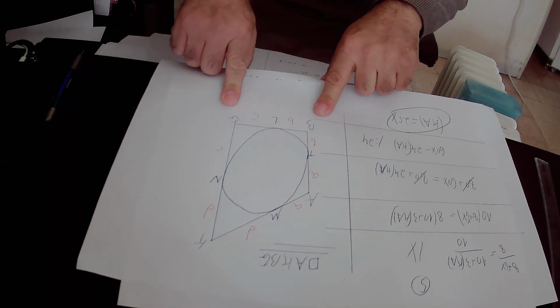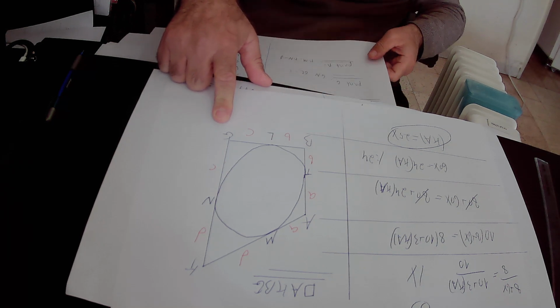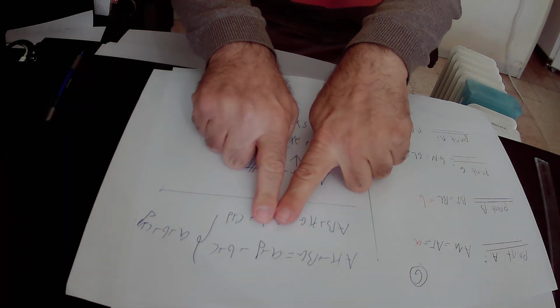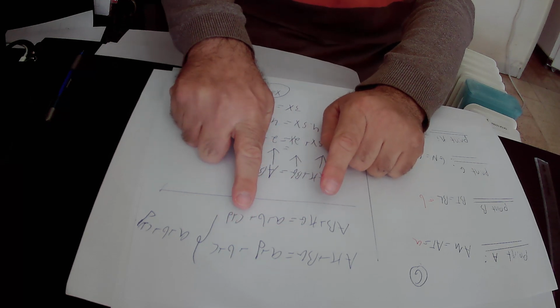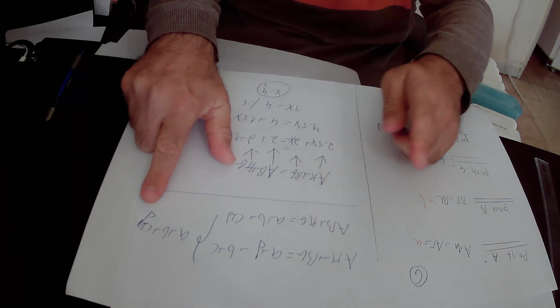BG equals B plus C, so we substitute BG by B plus C. In conclusion, AK plus BG equals A plus D plus B plus C. We can change the order of the variables and we get that AK plus BG equals A plus B plus C plus D.